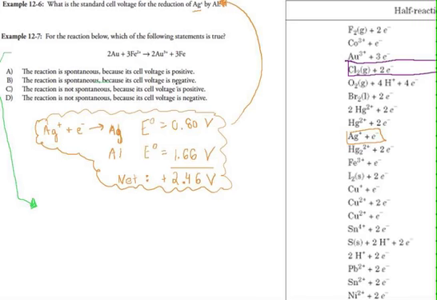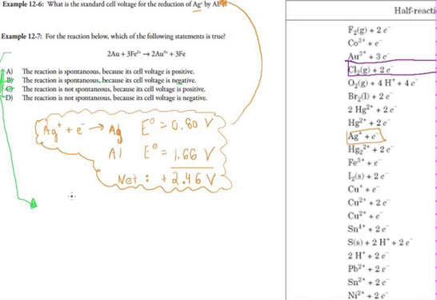So B can't be right because you can't have a negative cell voltage and have the reaction be spontaneous. It doesn't work like that. And not spontaneous because its cell voltage is positive also would not work here, right? Either it's spontaneous because it's positive or it's not spontaneous because it's negative. Nothing else makes sense. So we can at least get it down to A or D.